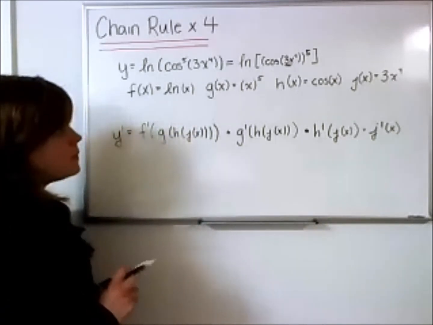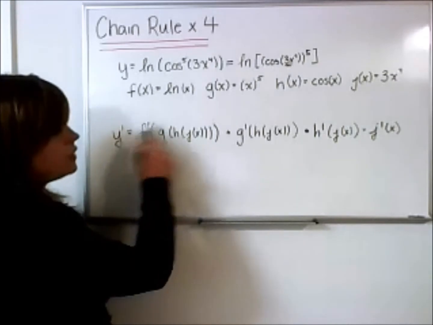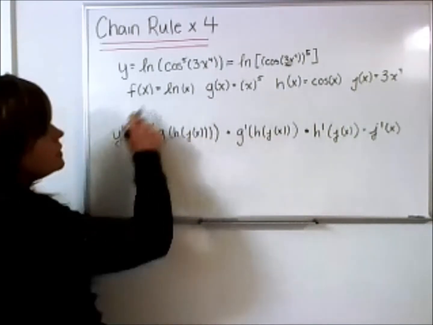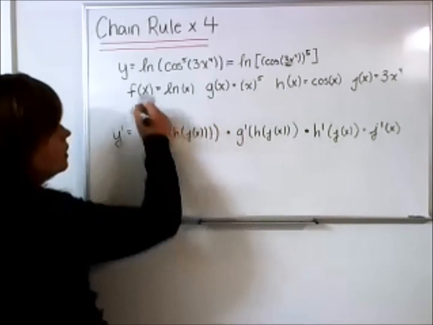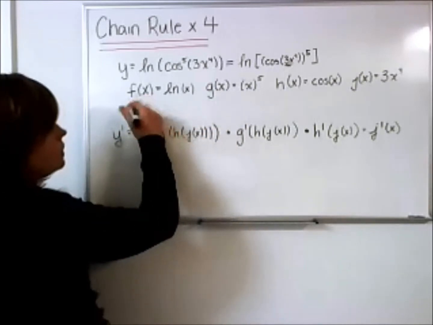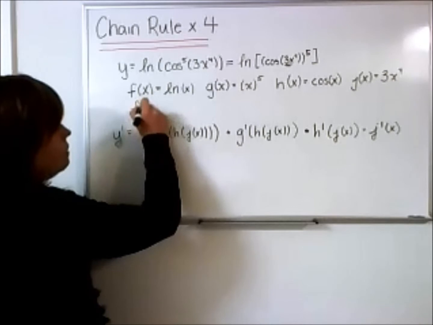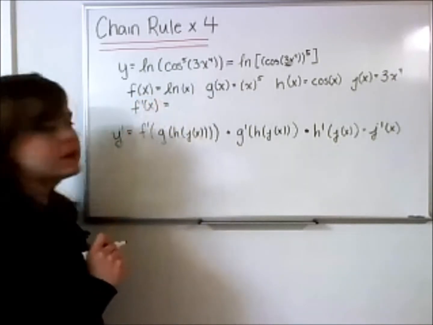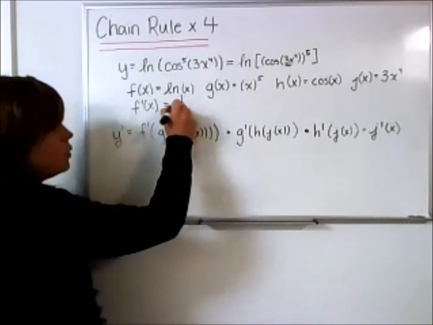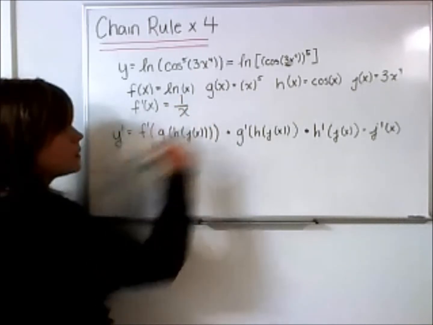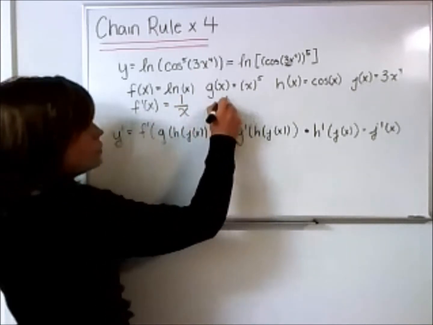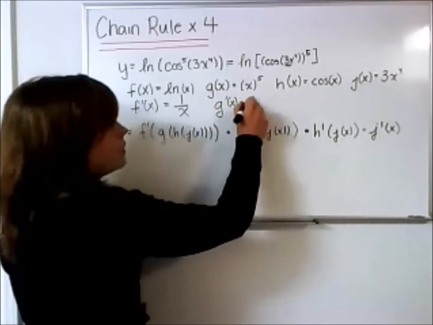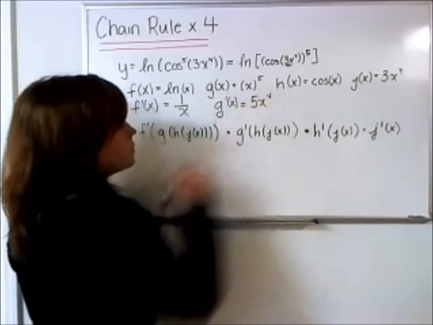Clearly what we next need to do is find the derivatives of f, of g, of h, and j. So this is the reason I left a little room up here, is I'm just going to take some derivatives. So I'll get f prime of x is equal to the derivative of the natural log of x to be 1 over x. Derivative of g, so g prime of x is 5x to the fourth.